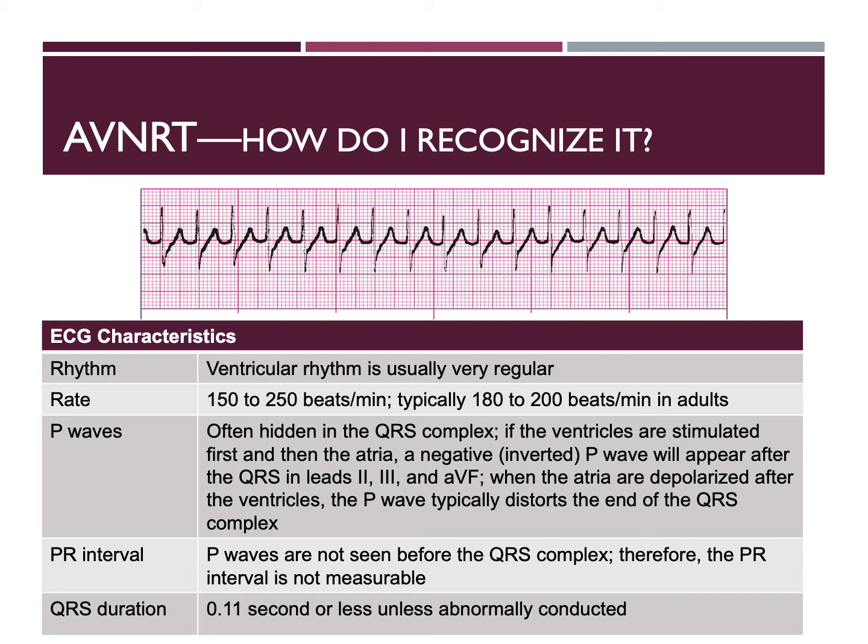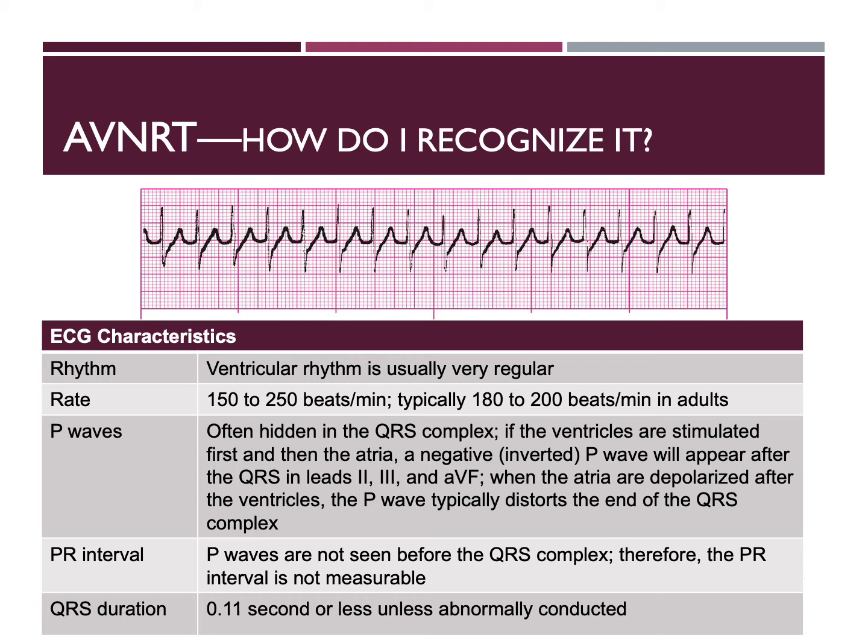So our P wave, once again, we're going to typically see this hidden in the QRS complex. And if those ventricles are stimulated first and then the atria, we may see an inverted P wave, meaning that it's negative or upside down, the opposite of our upright or positive P wave. It will usually appear after that QRS complex in leads 2, 3, and aVF.